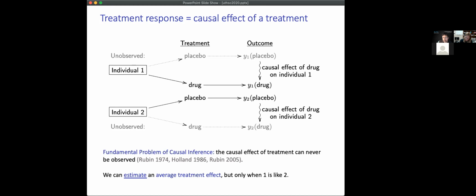We can estimate an average treatment effect, but we can only do so when 1 is very much like 2, when those two individuals are basically acting as counterfactuals for each other. So even though we can never quite get there, when we're designing studies, that's what we're aiming for.